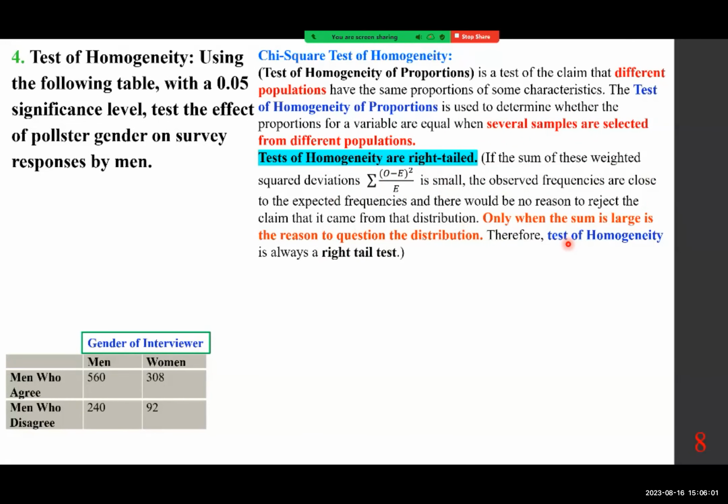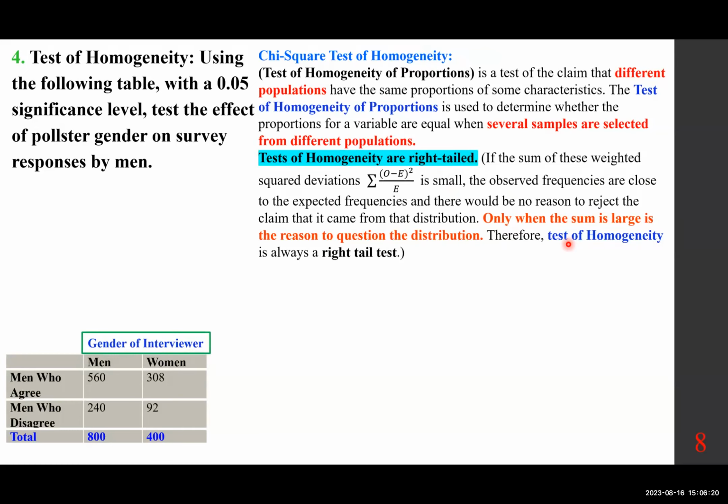Excellent. So again, similar to what we have done, the concept is that in the case of test of homogeneity, we have several samples, but conceptually they work exactly the same as what we did in the case of a test of independence. So the very first thing, we add them up. 560 and 240, 308 and 92.